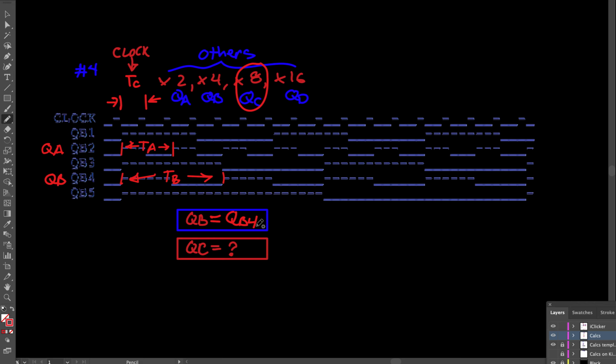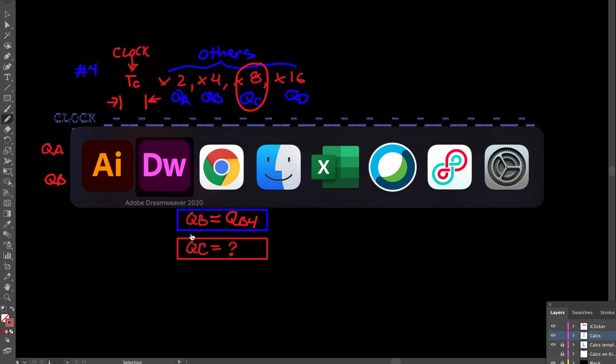That will be the exercise that you do, and then you can also consider what QD is. Now let's return back to the notes.